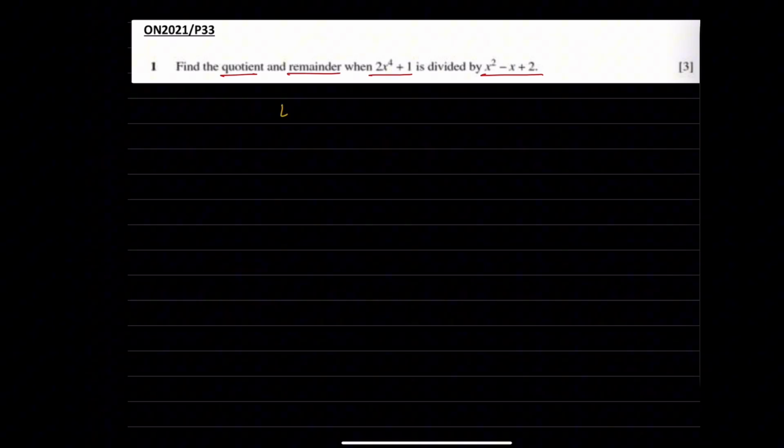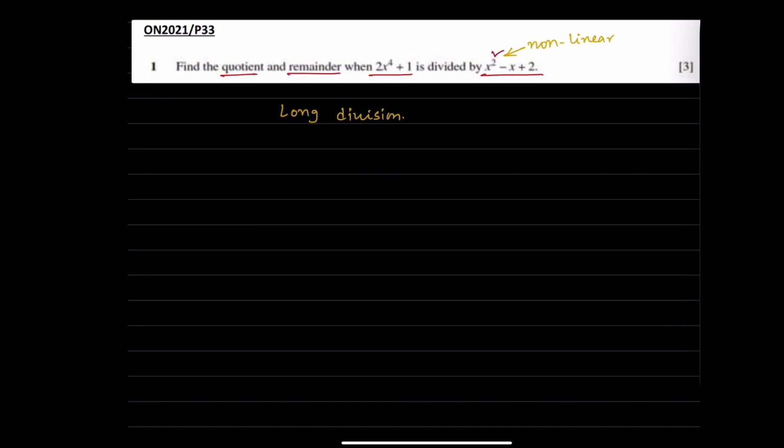The first thing is to check the divisor. It is a non-linear divisor, so we must do long division. We have no other choice. And again, check the order of the powers of x. Here we have x square, x, and then constant, so it is in the correct order.